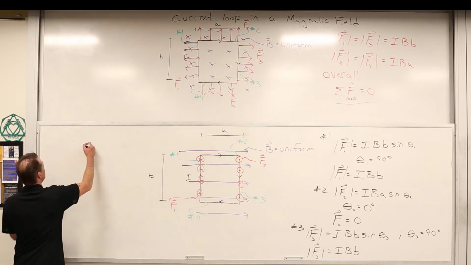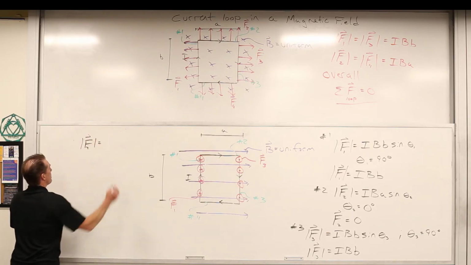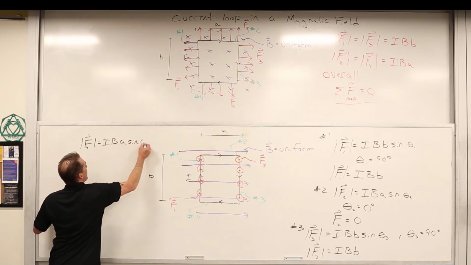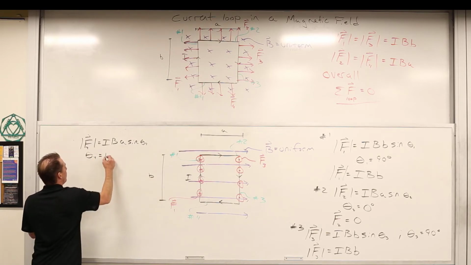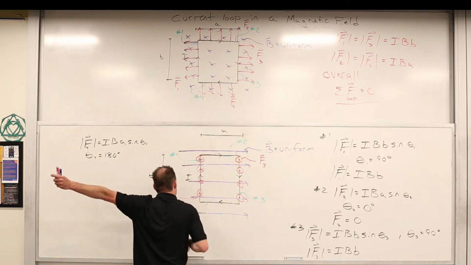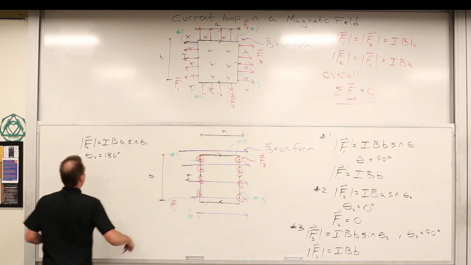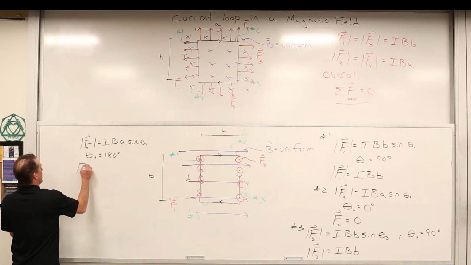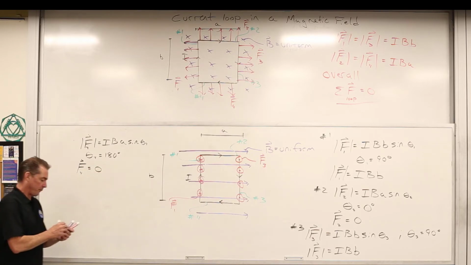Let's do it over here. Got the magnitude of F hat 4 is going to be equal to I times B times A times the sine of theta 4, where theta 4 is equal to 180 degrees. We've got the currents going that way, and the magnetic field is that way, 180 degrees, and we know that the sine of 180 is a 0, so we've got that the force, number 4, is equal to 0.